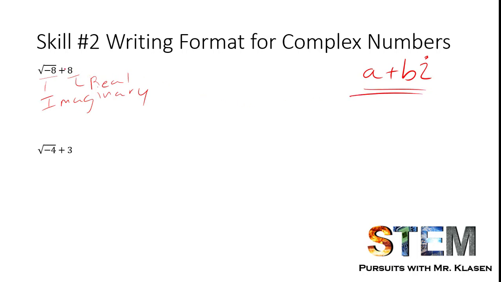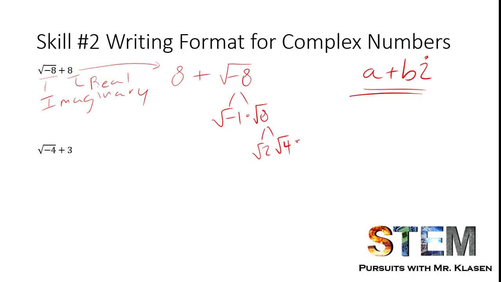So when we're looking at 8 and the square root of negative 8, what we want to do with that is say 8 plus whatever the square root of negative 8 comes out to. So we do need to split this out. So for example, negative 1 times 8. The square root of 8 can be simplified because that's equal to the square root of 2 times the square root of 4.